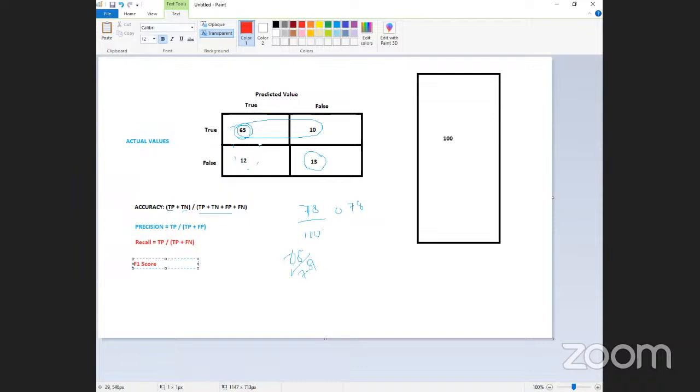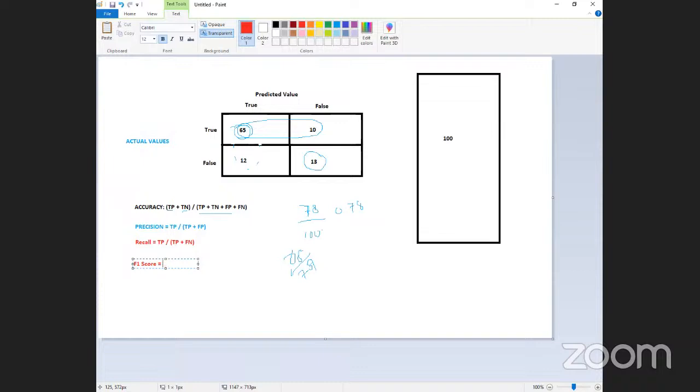And then the F score provides a balance between the precision and the recall, and it's a single metric.